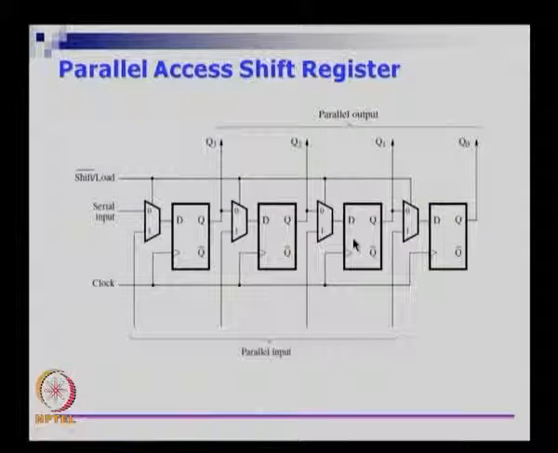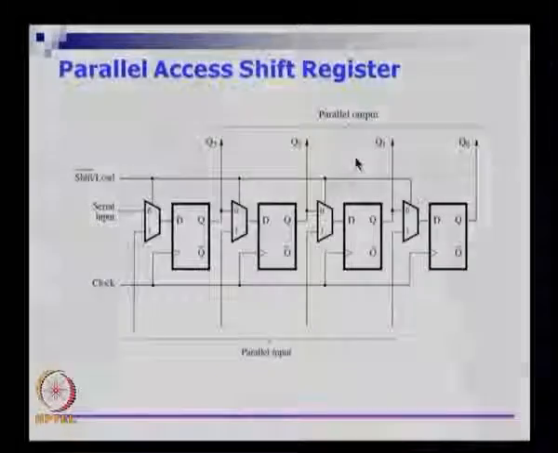So a combination of these two is sometimes useful, because sometimes you want to load in parallel, and let us say I want to divide a number by 8, then I can load the number in parallel in 1 cycle, then I will shift right 3 cycles, and I read this value out in 1 cycle. So you can do something like that if you have a combination of serial and parallel input and serial and parallel output. If you don't have that, you will burn yourself in either loading it or in unloading, right.